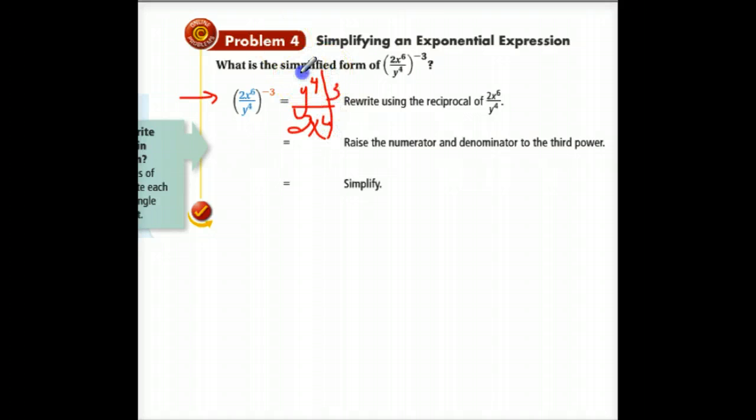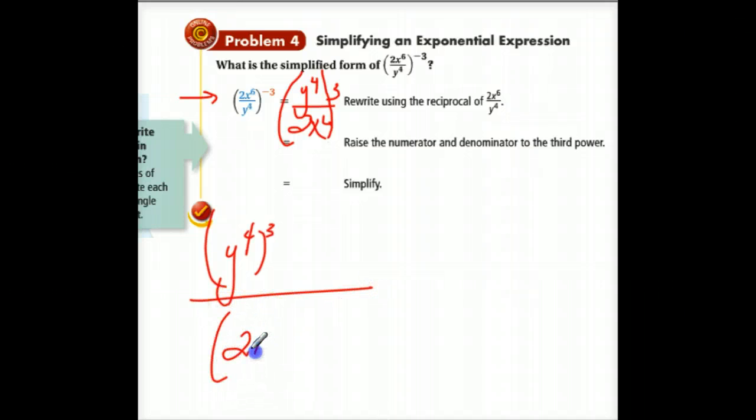That's all raised to the 3rd power, okay? Now, a quotient raised to a power, that power applies to the top and bottom. So I have y to the 4th to the 3rd over 2x to the 6th to the 3rd.